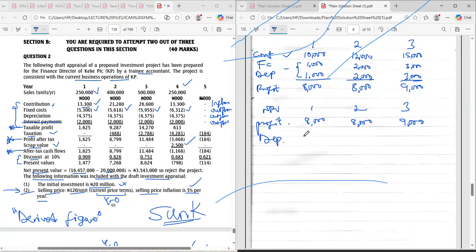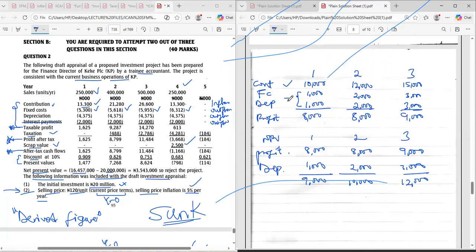What is my depreciation? 1,000, 2,000, and 3,000. So what will I do? Add it now, and I get 9,000, 10,000, 12,000.